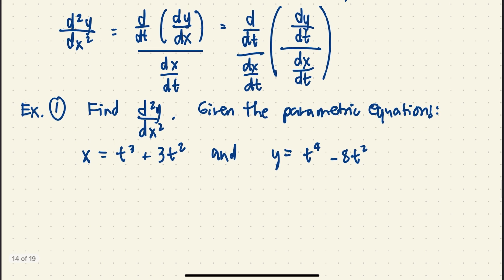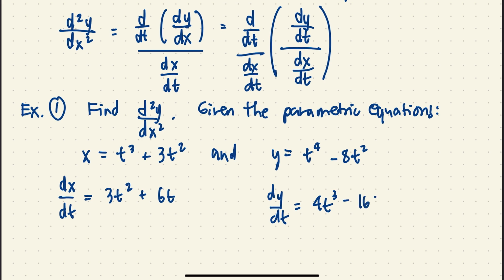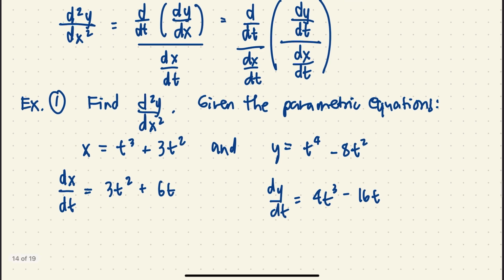So get the second derivative given the parametric equation. We get the first derivative with respect to t. So dx over dt is 3t squared plus 6t. And then dy over dt is 4t cubed minus 16t. Then we will just follow the formula.